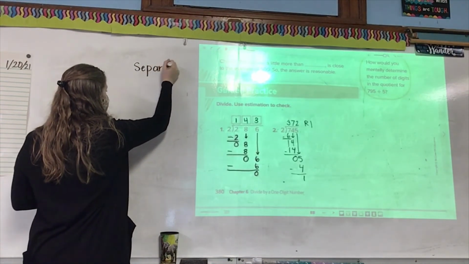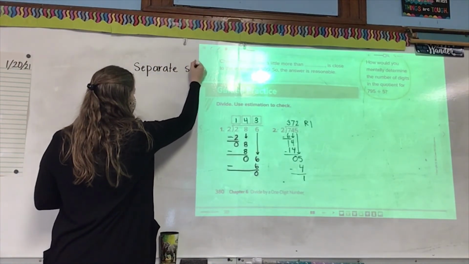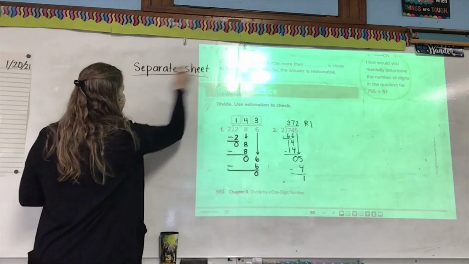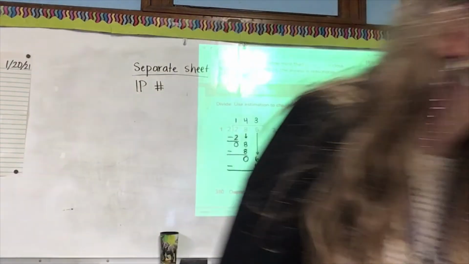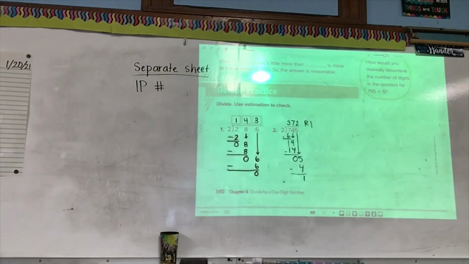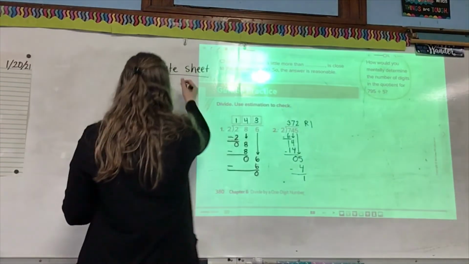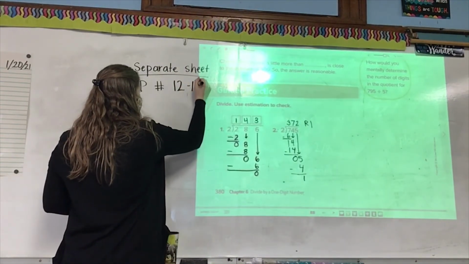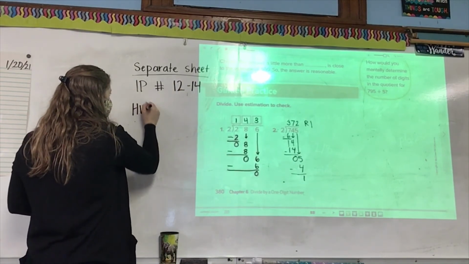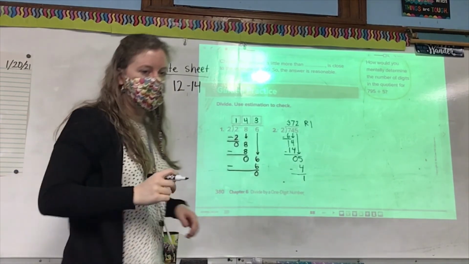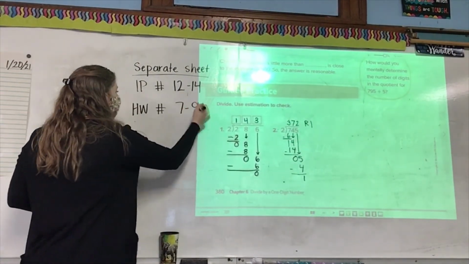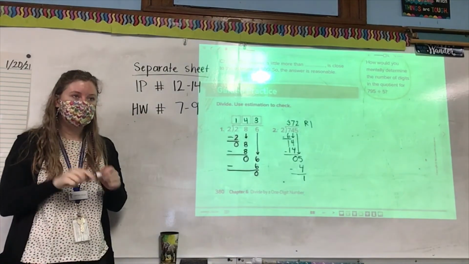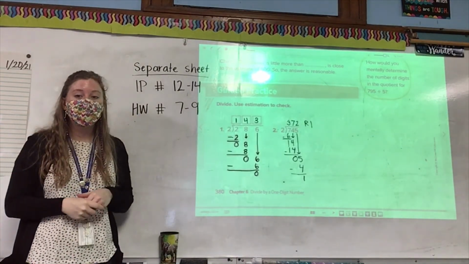So you need a separate sheet for IP, which is independent practice, numbers 12 through 14. And then the homework, numbers 7 through 9. Remember, do not use the same separate sheet. Number everything and be neat.